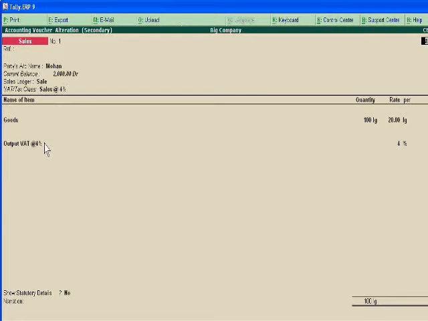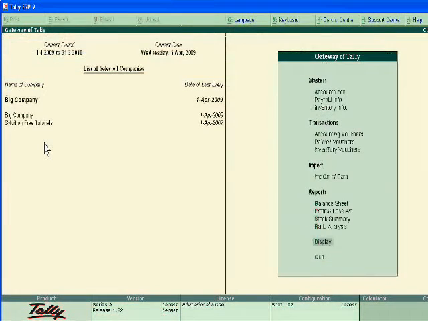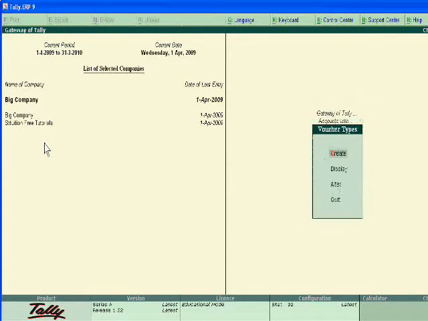Now 1% is increasing. So for this just go to account info. In account info go to voucher types, and then we can create or alter anything.